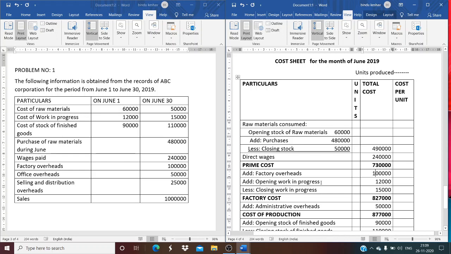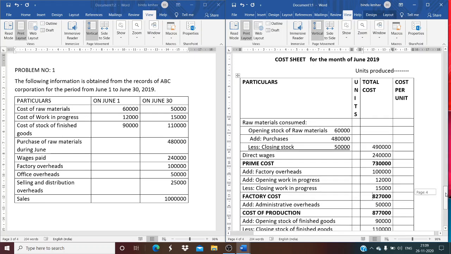Work in progress means work which is not completed. So 12,000 rupees. Less closing work in progress 15,000. To the prime cost, we add and adjust the work in progress, we get the factory cost. So factory cost is equal to 8,27,000.